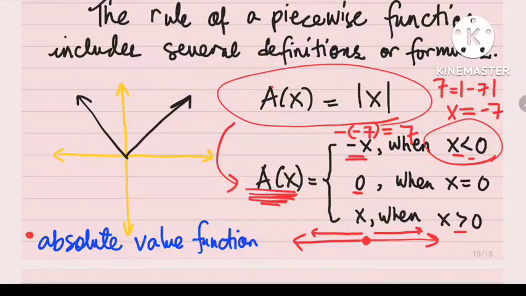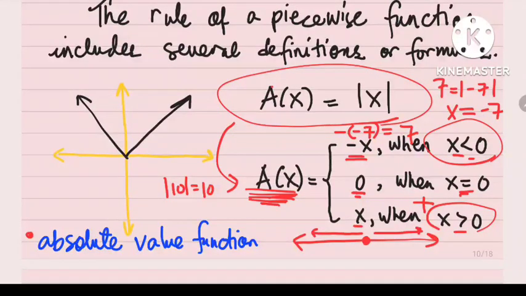But when the number inside is greater than 0, meaning positive, you simply write the number. Like the absolute value of 10 is, of course, 10. While for x equal to 0, of course, the answer is 0.